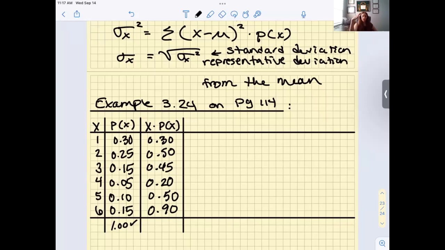So to find that weighted average, we just have to add all those numbers up, because basically they're prorated values now.